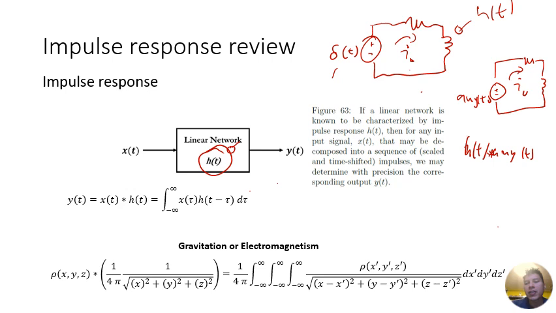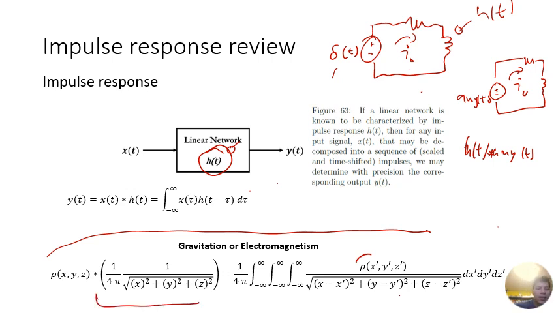And you've already been using this in your physics classes when you studied gravitation or electromagnetism. In particular for electrostatics, if you have a charge, its voltage or potential is given by that charge convolved with the Green's function, which is a sort of impulse response for the Laplace operator in 3 dimensions.